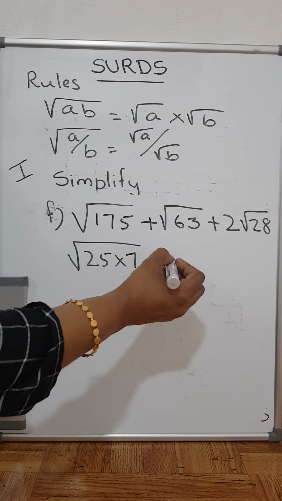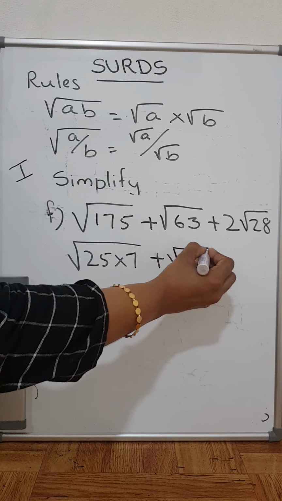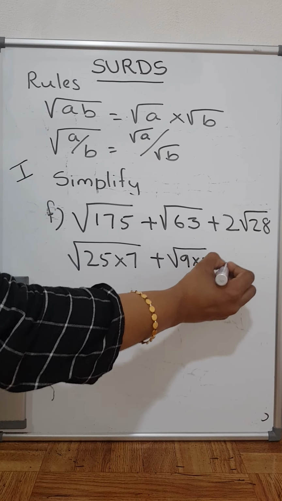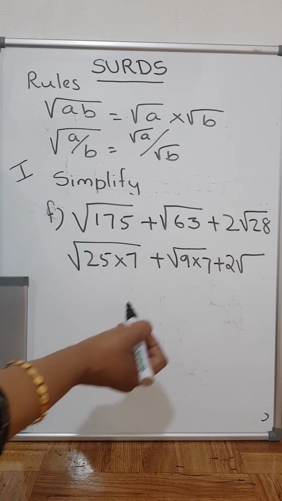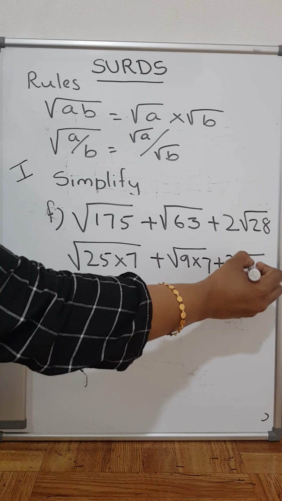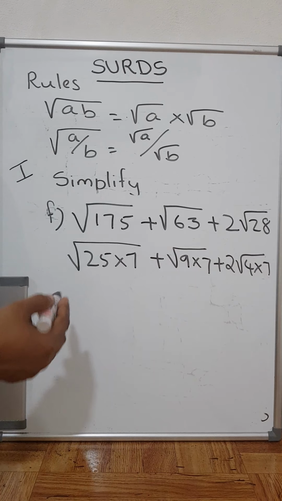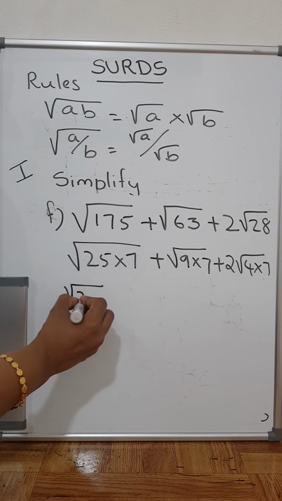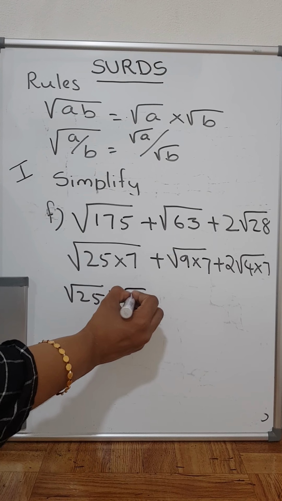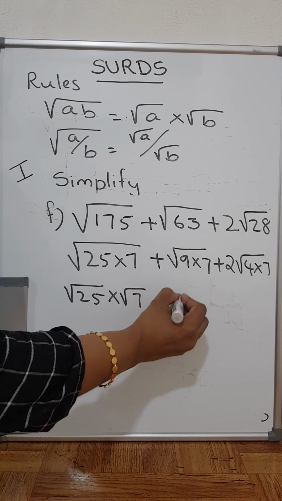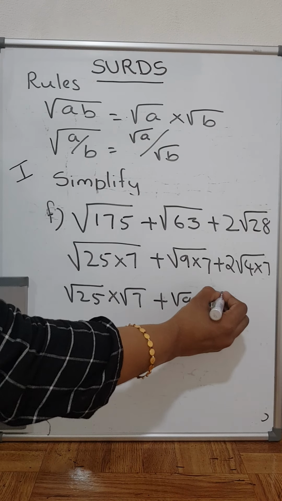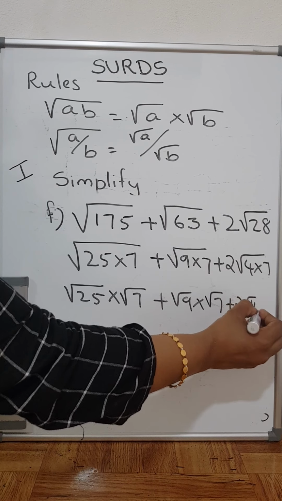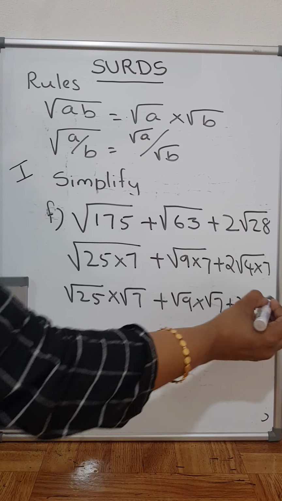Then 63 is 9 times 7, plus 2 times 28 is 4 times 7. Now we can use this rule. So root of 25 times root of 7 plus root of 9 times root of 7 plus 2 times root of 4 times root of 7.